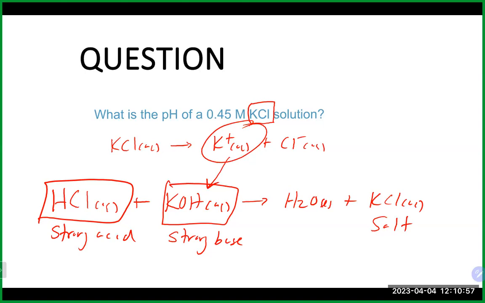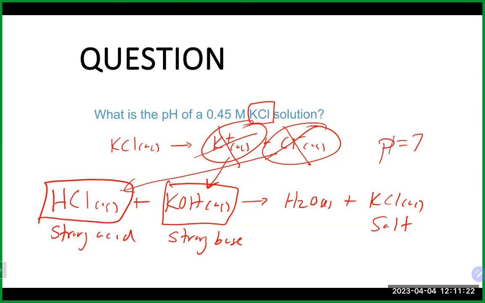So when we look at the salt that was made here, the K+ most likely came from a strong base. That means K+ is going to be strong or weak? Weak. Also group 1 on the periodic table, which means it is basically neutral, right? The Cl- came from a strong acid, which means the Cl- is going to be strong or weak? Weak, which means it's going to be neutral, which means this is actually a neutral salt with a pH of 7.